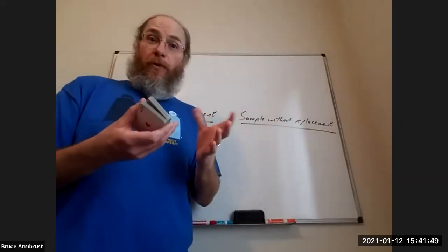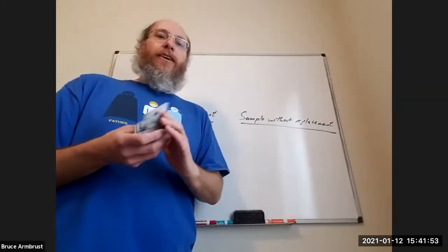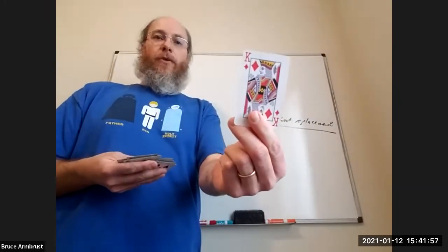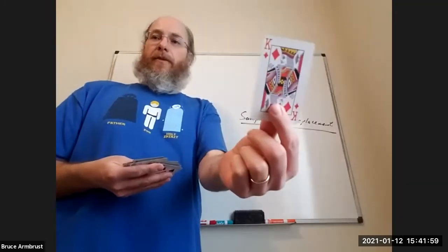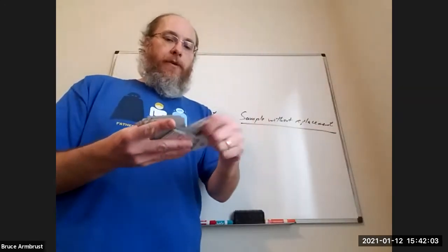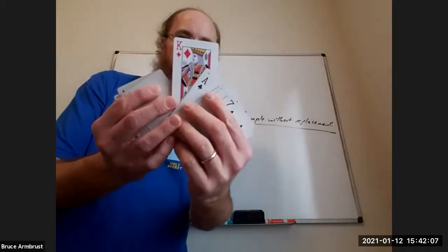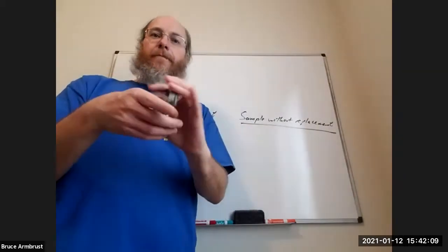Now, with replacement means we do this. I take a card, I draw it. So in our sample is the King of Diamonds. But then the King of Diamonds goes back into the deck, and you can see it's right back there in the deck.